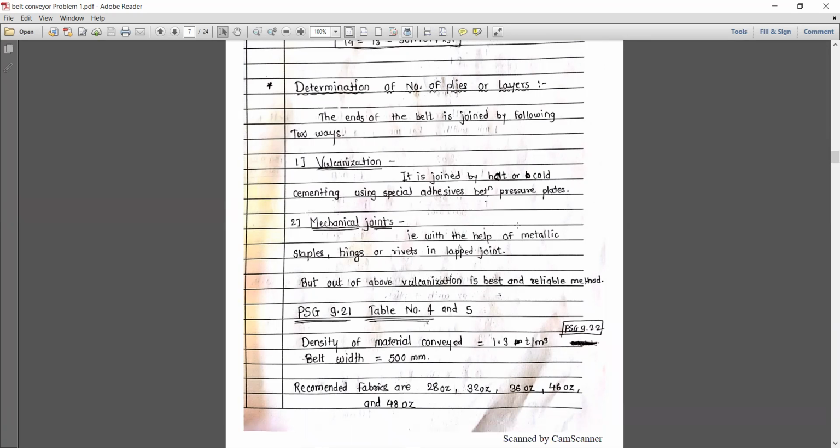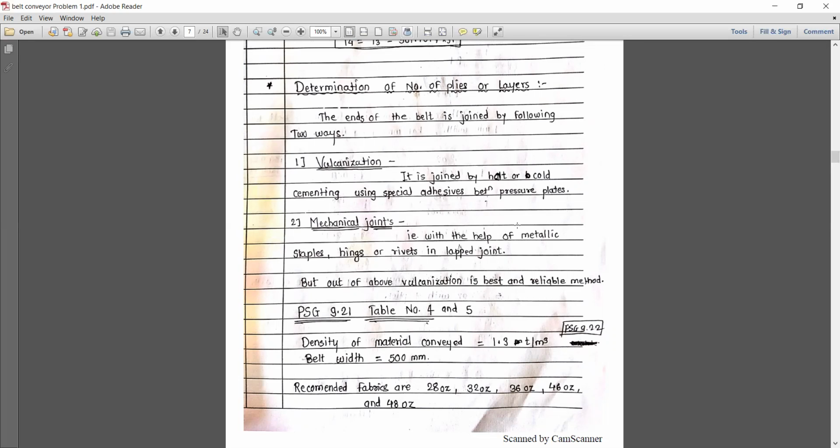But out of the two, vulcanization is the best and more reliable method, because in a mechanical joint, whenever we attach those hinges or staples, holes are produced, and due to the continuous temperature or continuous tensile force, those holes get enlarged, and similarly the total efficiency or the lifespan of that belt segment gets reduced.